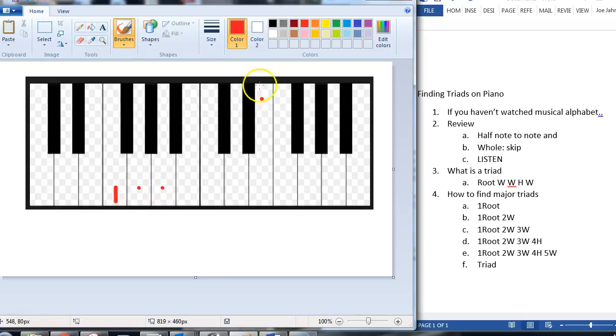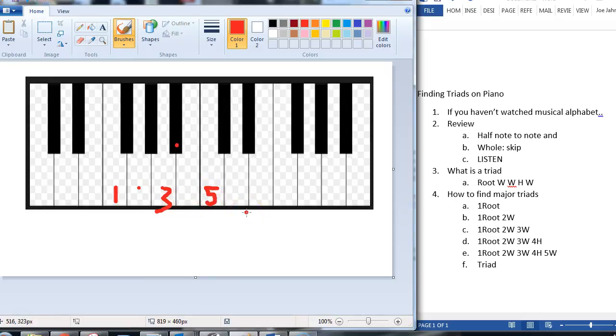Then you go a half step to 4 right here: 1, 2, 3, 4. Then you go a whole step to 5, and play 1, 2, 3, 4, 5. Then you play your triad, which is only the 1, the 3, and the 5.